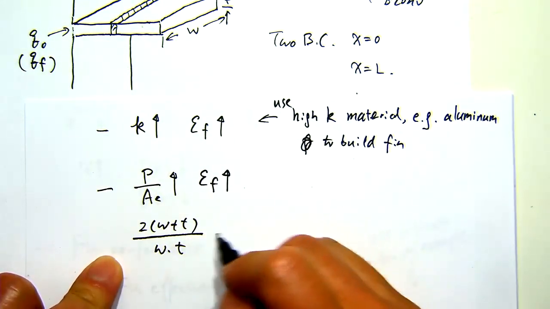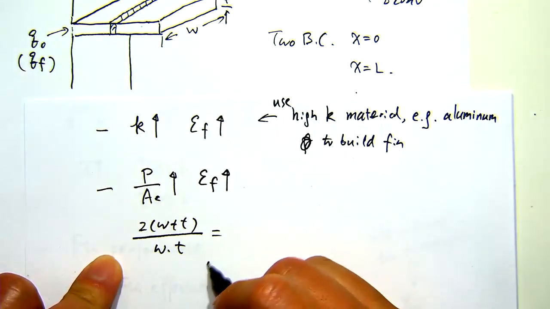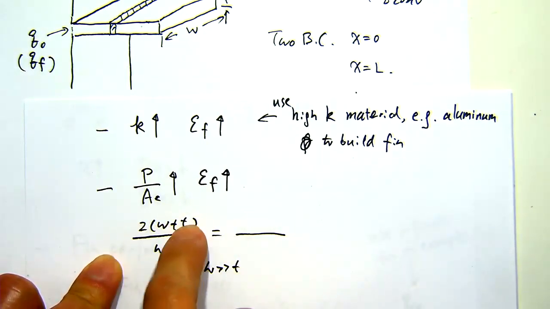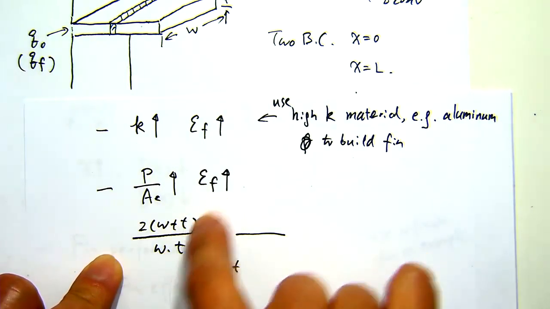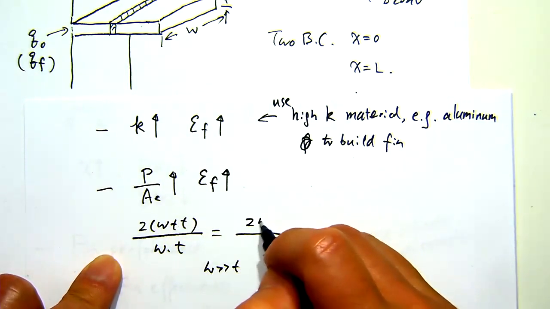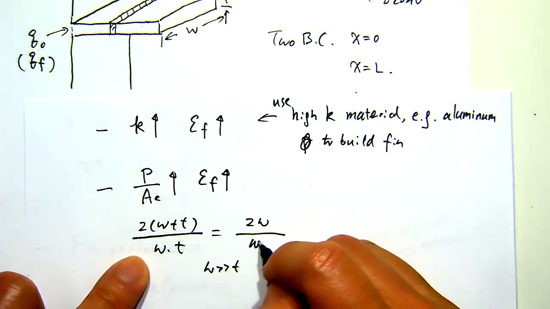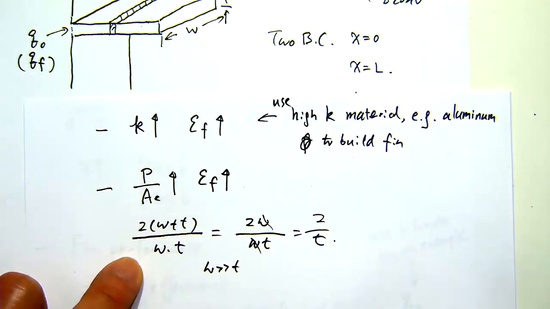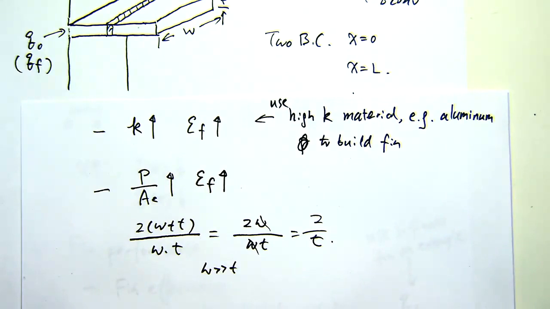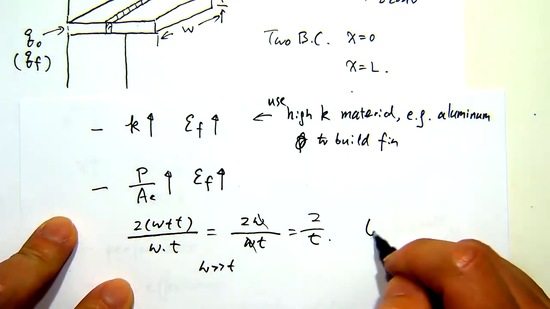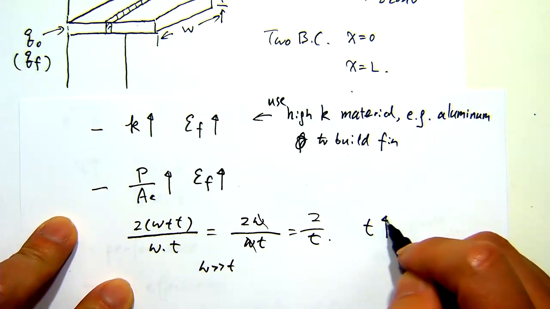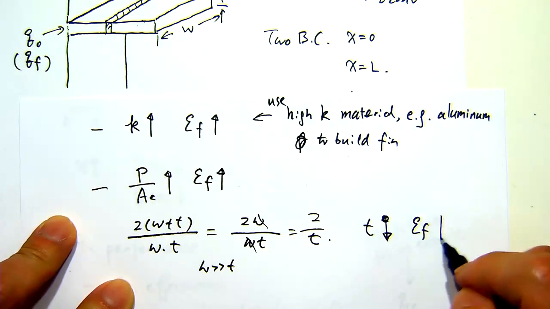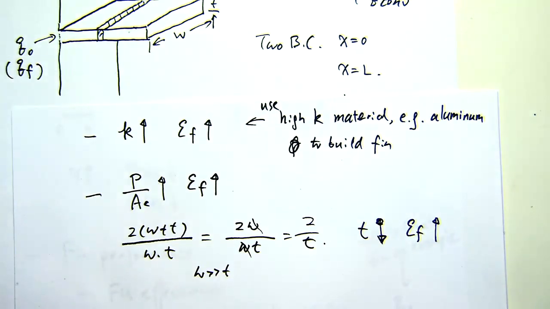Because W is much larger than the thickness, we can get rid of t in the numerator. So basically 2 times the width over W t, and then the W gets cancelled, giving 2 over t. So this is saying that when t goes down, the effectiveness will go up.